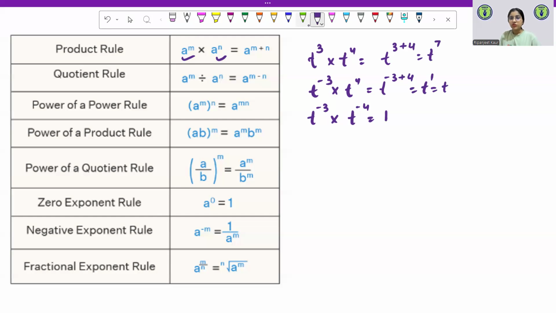And then t raised to power negative 3 plus the negative 4. Now over here, plus minus becomes a minus, and t raised to power negative 7 is what we got. So this is how we are going to apply the product rule. Any questions in the product rule?